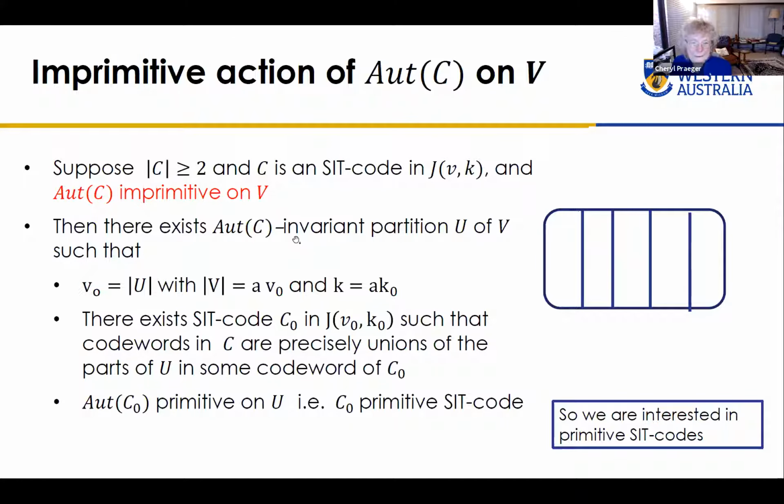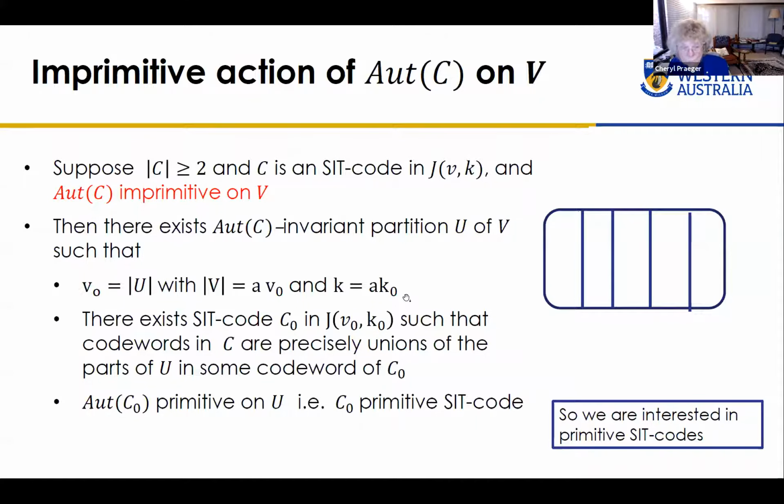Now what happens here is that the number of points is v, the number of parts, let's call it v naught, and all the parts have got the same size a, so we've got v is a times v naught. It turns out that the k in the Johnson graph is also divisible by a, so it's a times k naught.